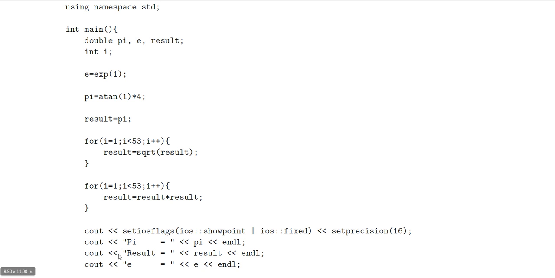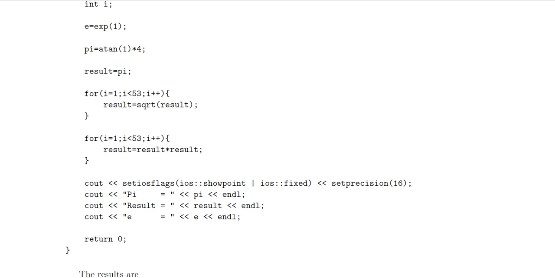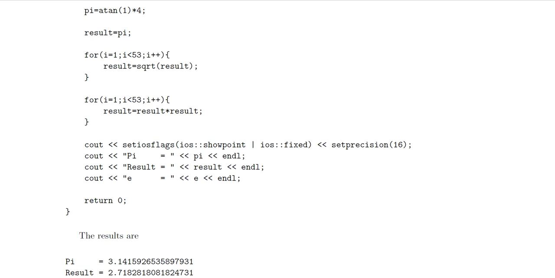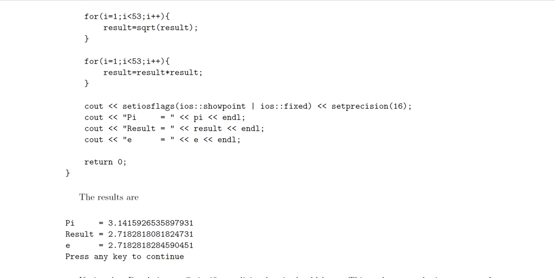I output pi, the result and e, so you can look at the result in between. We said result should be on the pi side, so you can imagine what I'm doing here. There's going to be a result coming up, and then of course I just tell it to return.